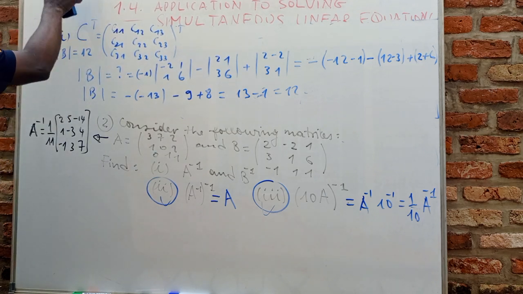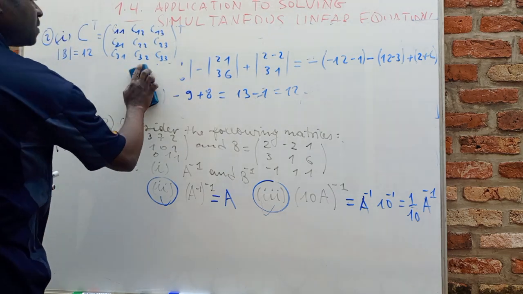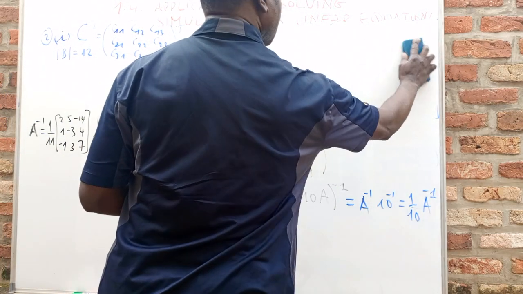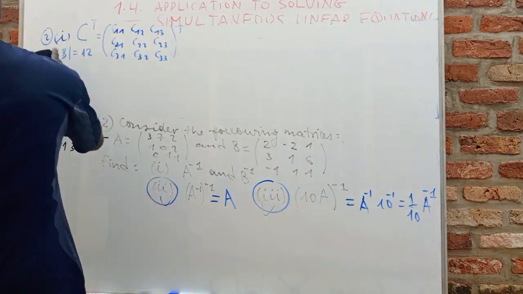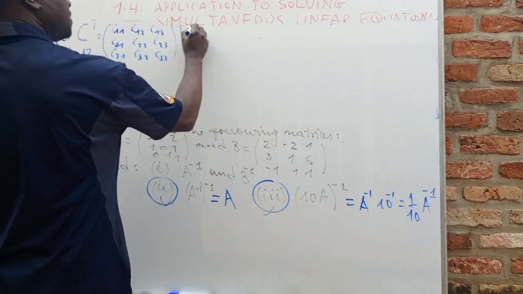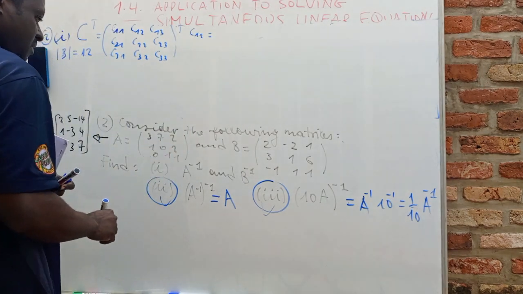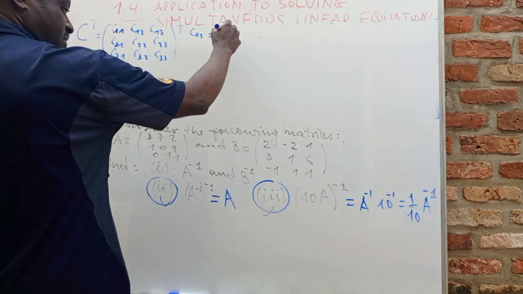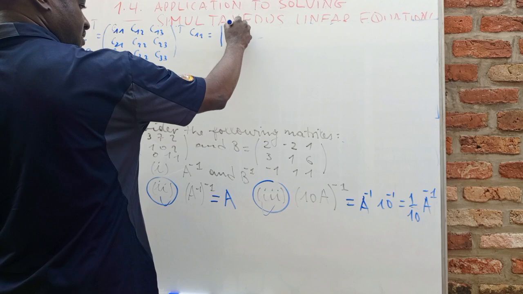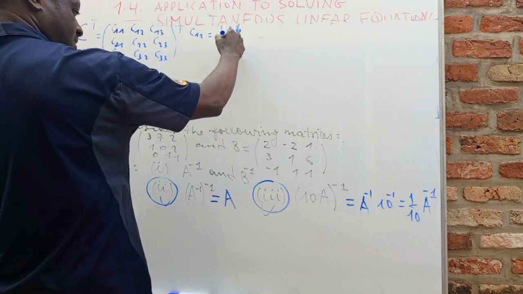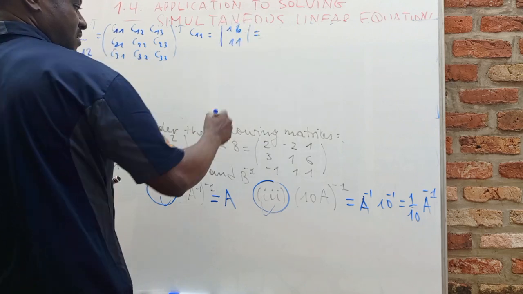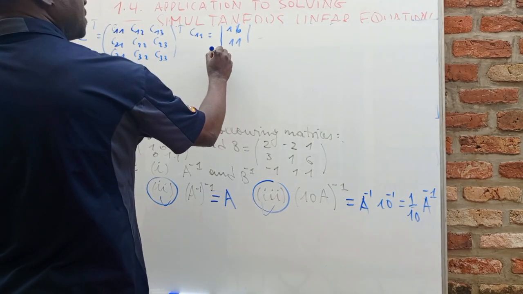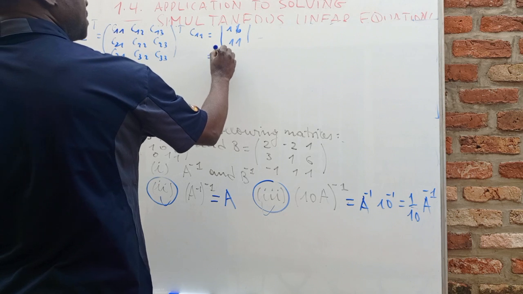Now from this time on, I'm going to calculate the cofactors. So C11 is going to be positive 1 times the determinant 1, 6, 1, 1. So this is going to be equal to 1 minus 6, which is minus 5.